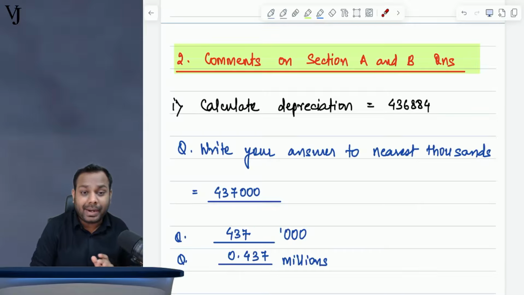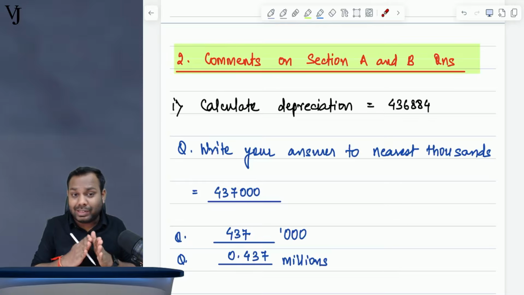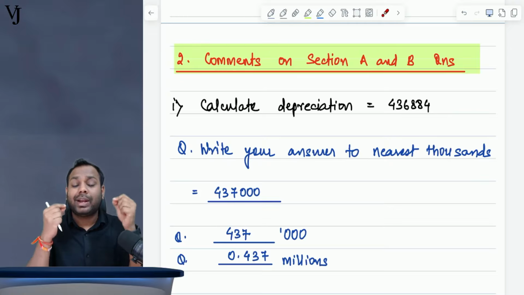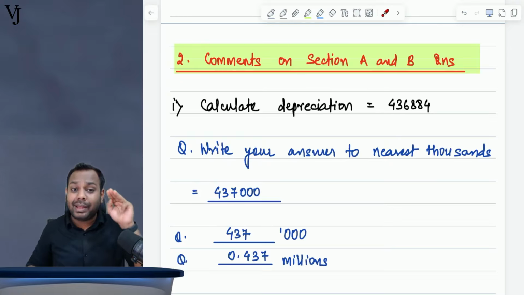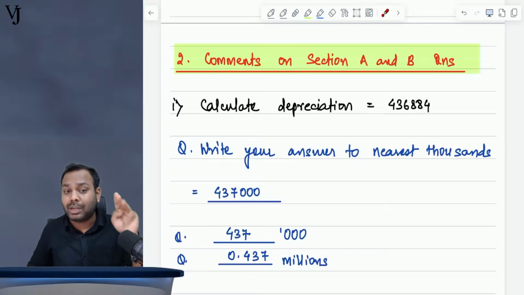Generally it is recommended that you read at least 3 examiner reports. But by watching this session, I am telling you with assurance that you are getting the benefit of reading the examiner reports of the last 12 attempts, not 1, not 2, not 3, 12 attempts.